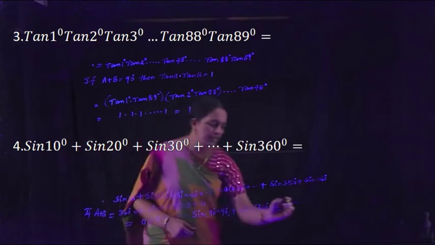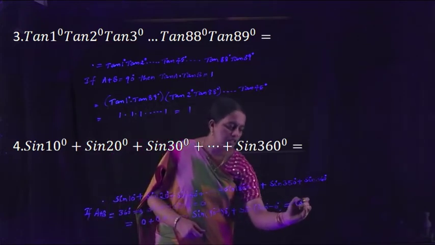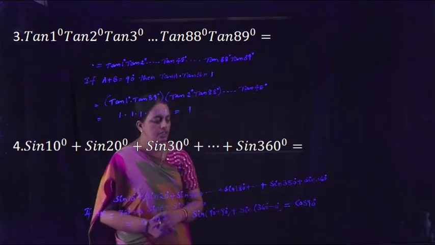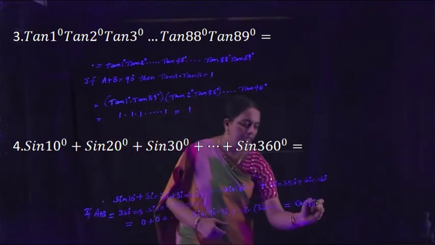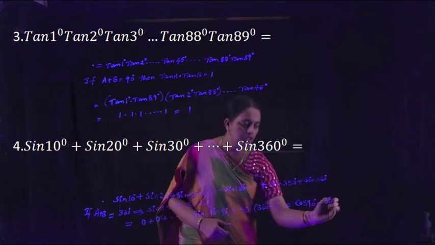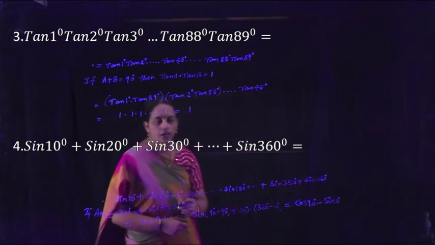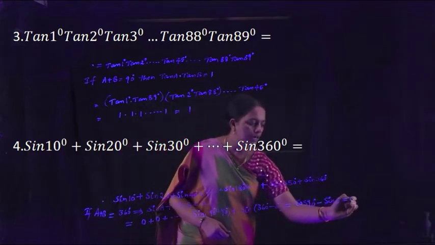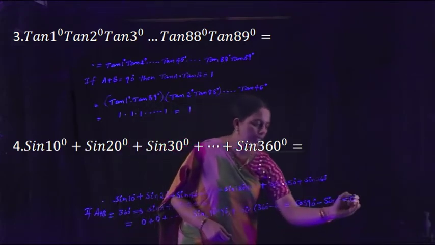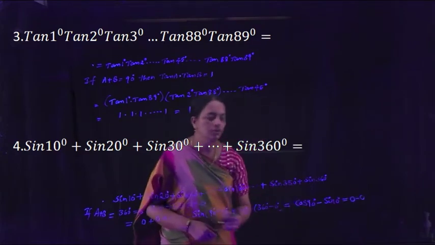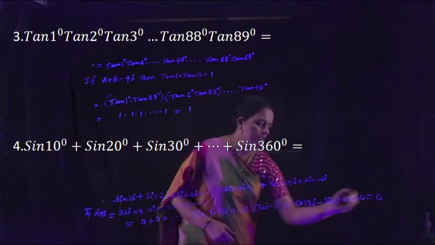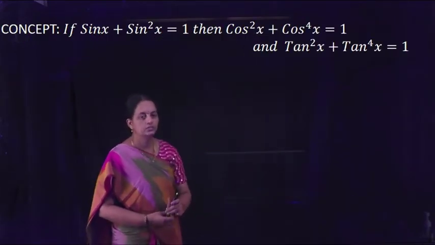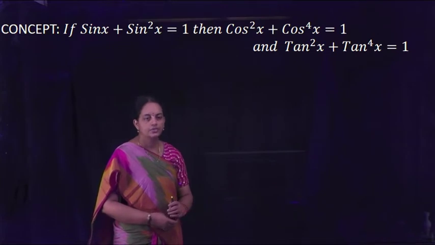So sine of 90 plus theta is cos theta, that is cos 90, and sine of 360 minus 0 means minus sine 0, since 360 minus theta lies in the fourth quadrant, and in the fourth quadrant sine has a negative sign. So this is equal to cos 90 minus sine 0, which is equal to 0 minus 0, that is 0.